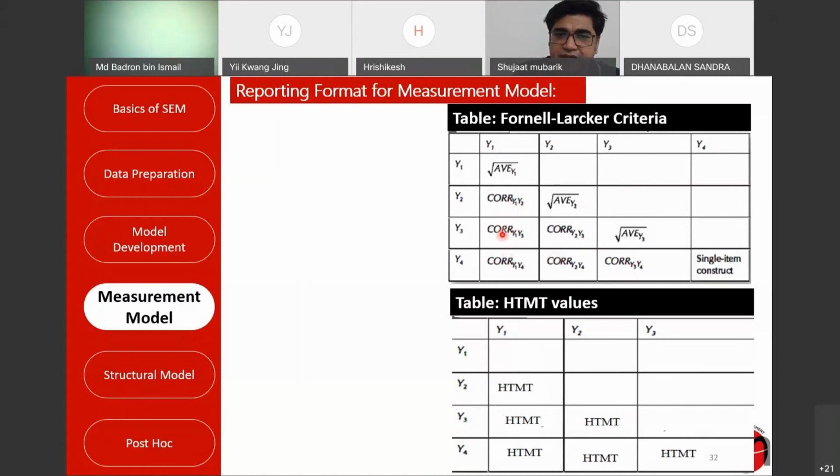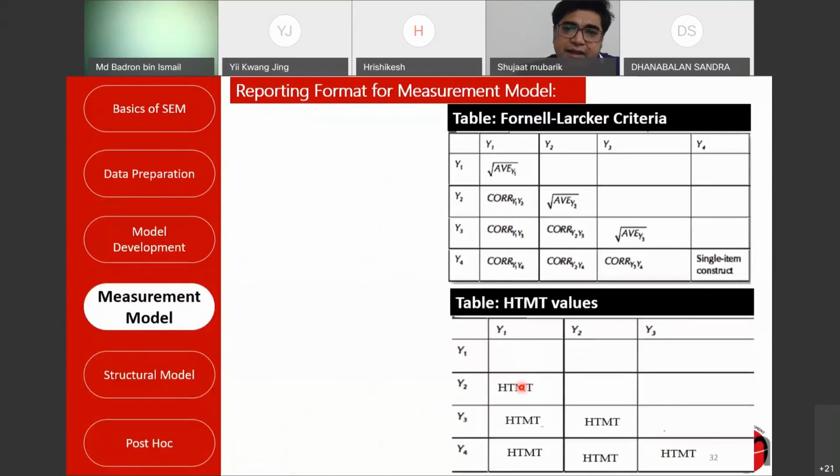The diagonal values should be greater than the inter-construct correlations in order to satisfy the Fornell-Larcker criterion. The HTMT value is also available in Smart PLS in the same format, and it should be less than 0.90. So we simply copy from Smart PLS and paste into the Word file to report these results. Essentially, when we present the results of the measurement model, these three tables are important.